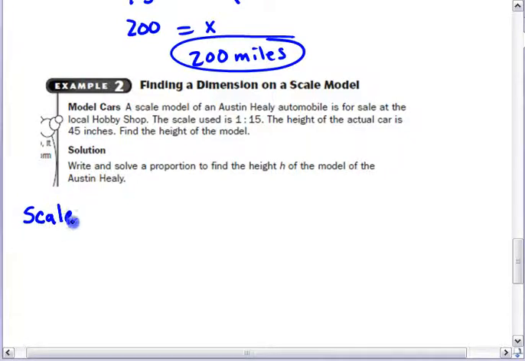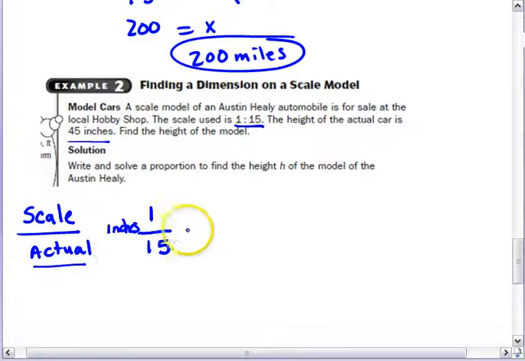We're going to use scale over actual. And this is a standard you want to use throughout. In this case, for every 1 of the scale, it's 5 of the actual car. The height of the actual car, and this is in inches, the height of the actual car is 45 inches.